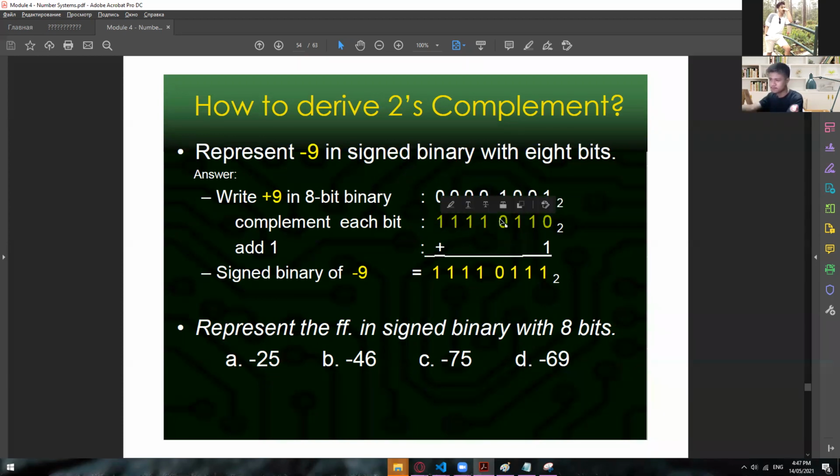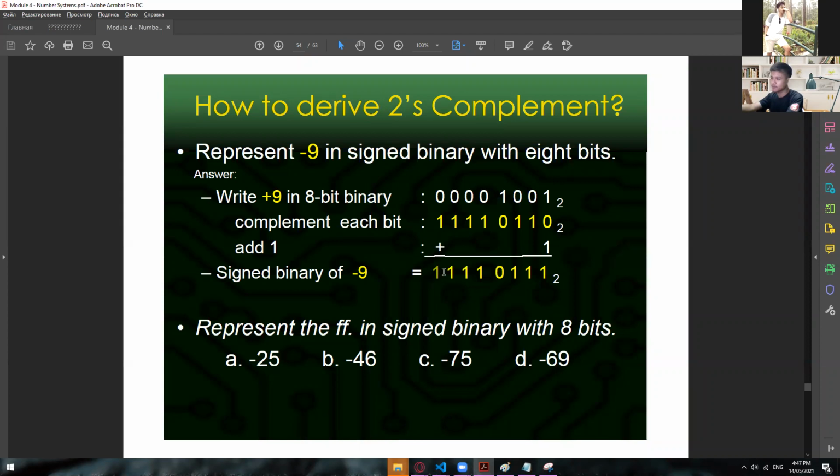We've just interchanged the values of 1 and 0. The third step is to add 1 to the complemented value. So 0 plus 1 is 1, and then everything now is the same. This is how our computer converts, let's say, positive 9 into negative 9.